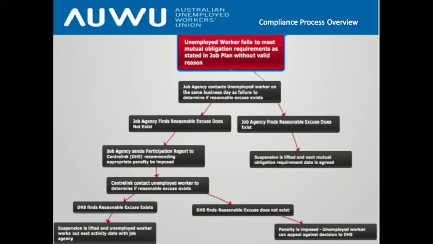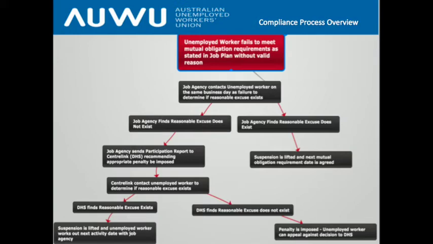But in the deeds and guidelines, it's basically defined as whether an ordinary member of the public would accept it as a reasonable excuse, and secondly, whether or not an ordinary employer would accept that as a reasonable excuse. So those are some broad parameters around what a reasonable excuse is.